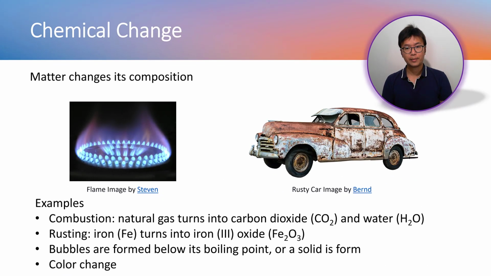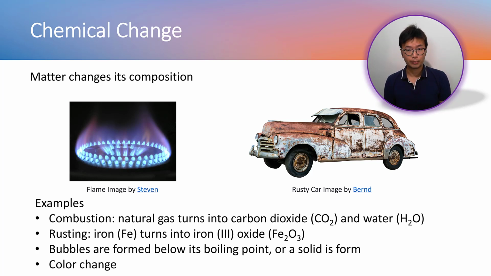Then moving to the chemical change, right? So just a quick reminder, when we talk about chemical change, it means that the composition of the substance will change. For example, looking at the image, I'm basically turning on the gas stove. So the natural gas is having a combustion into carbon dioxide and water vapor. We can also look at another very common thing that we see from our daily life, the rusting process.